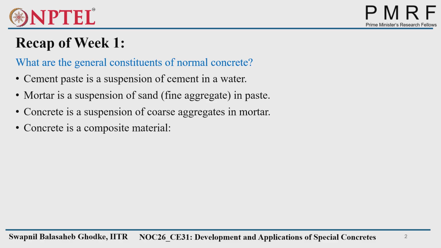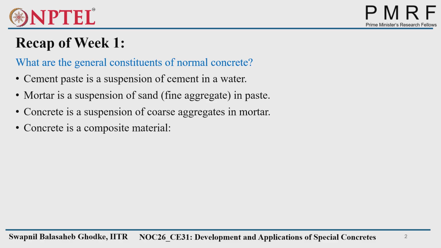Then water is the solvent. As inert material, we are using fine aggregate and coarse aggregates. As you saw in the lectures, cement paste is basically a mixture of cement and water, so we can say cement paste is a suspension of cement in water.